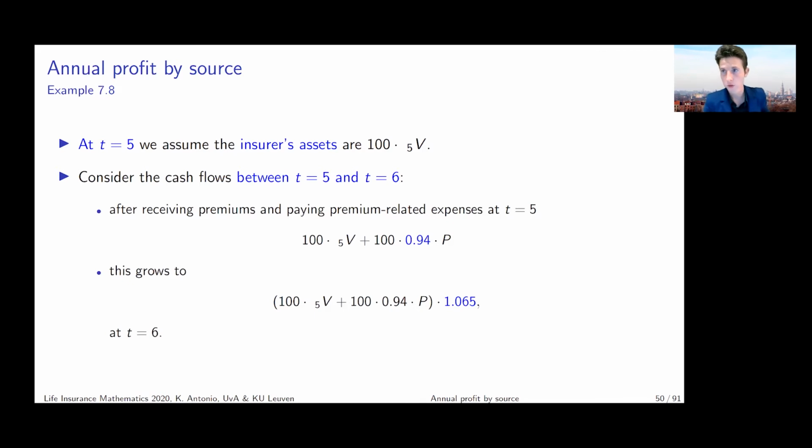That was 6.5%, as mentioned on the previous sheet. So the numbers that you see over here, the 0.94 and the 1.065, take into account the actual realizations in terms of premium related expenses on the one hand and interest rate on the other hand.